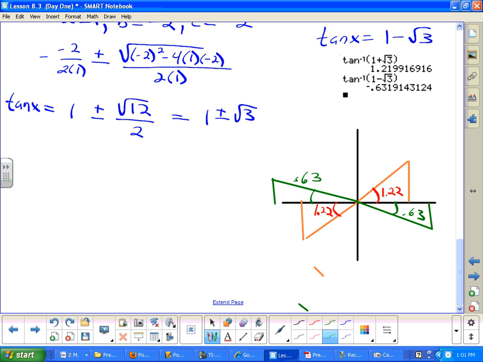And we're going from 0 to 2 pi. Well, we have one really easy answer, right? X is approximately 1.22. There's the easy one.